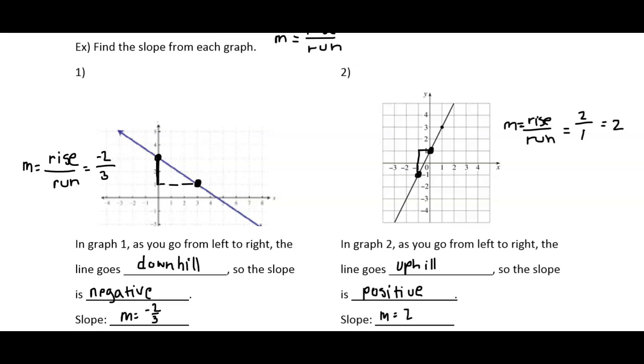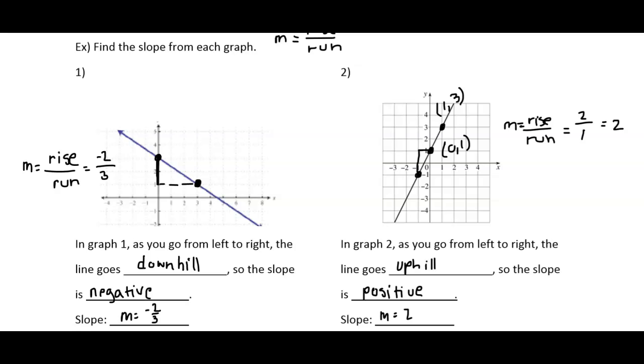Okay? Now here I'm just going to show you that, first of all, it'll work with the 2 other points you're given, but if you write these as ordered pairs, this point right here is (0, 1), and this point right here is (1, 3). If I'm talking about these second 2, you could do the formula with that.